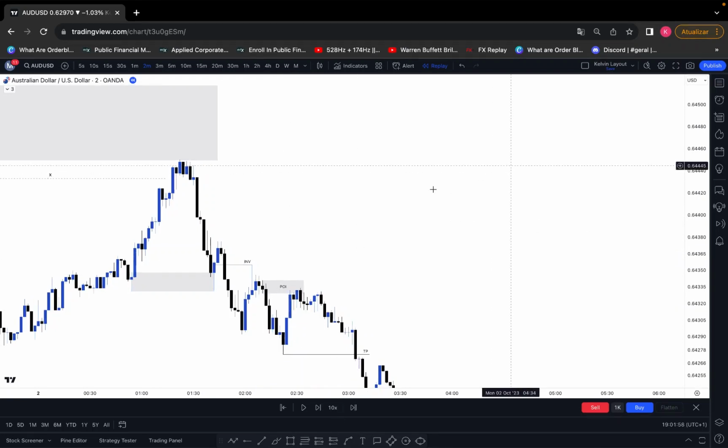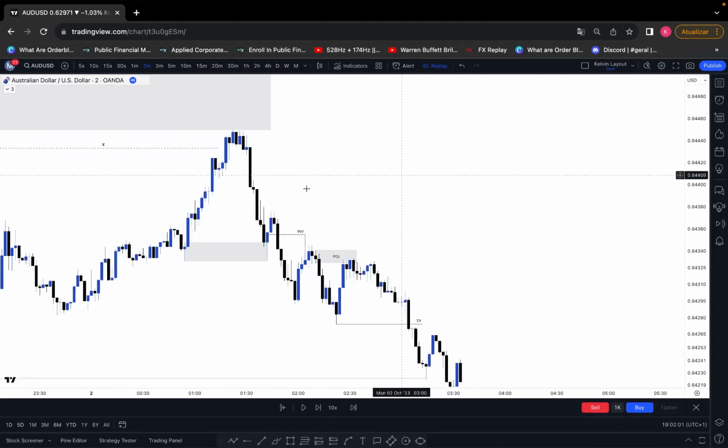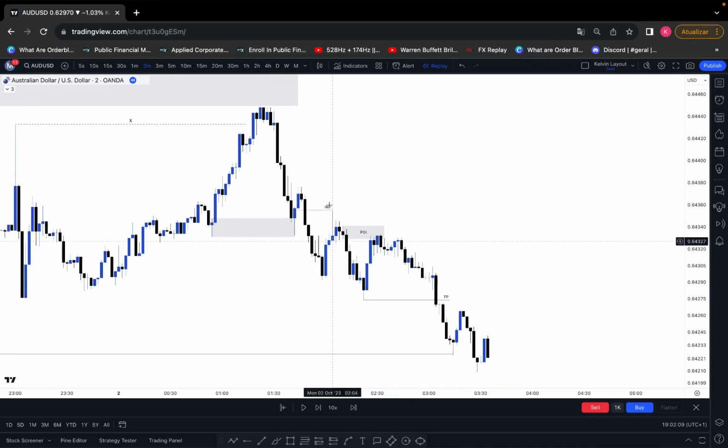So my trade, actually, I waited for the second break right after price had created this flip zone and it came back. I said, okay, I just want to see another break and I'll enter. So price broke structure again right here. So this was the break of structure. So we just had this beautiful confirmation right here.